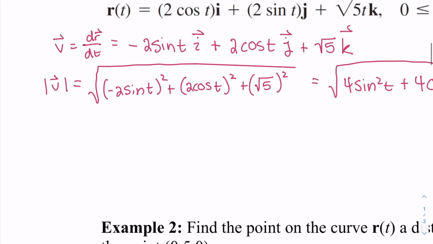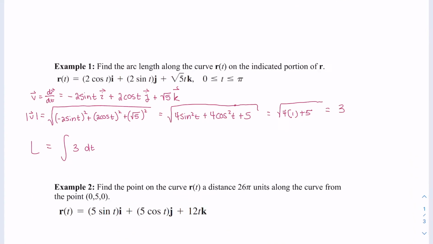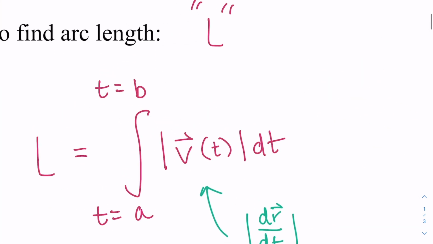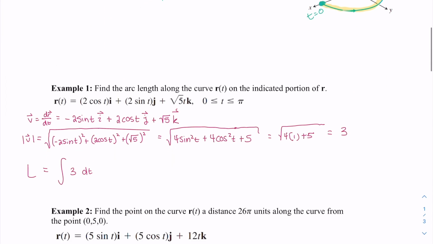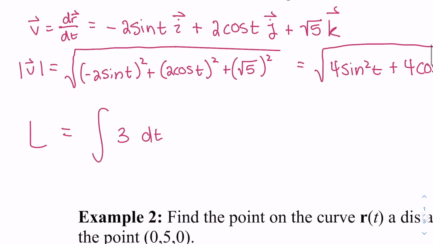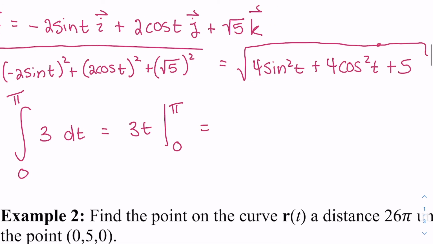We know arc length, L, is going to be the integral of 3 dt, where the bounds of our integral, a and b, are our t bounds, the two values of t that correspond to the points we're trying to find the length between. So we'll just go from 0 to pi. That'll just be 3t evaluated from 0 to pi. Plugging that in, we just get 3 pi as the arc length.